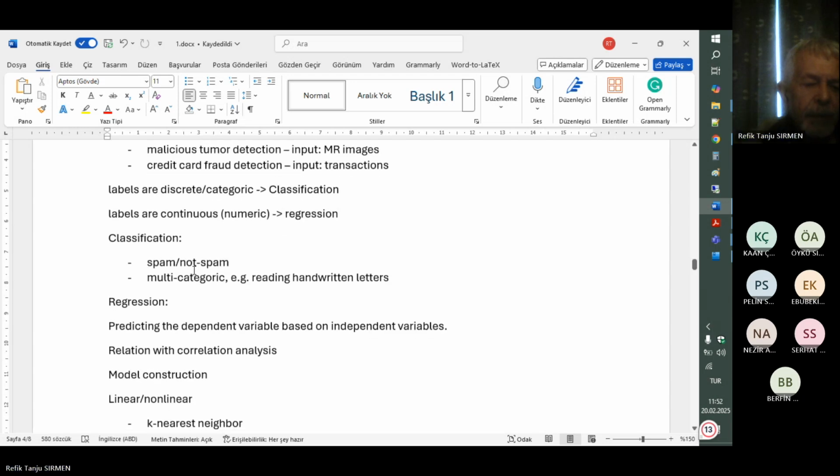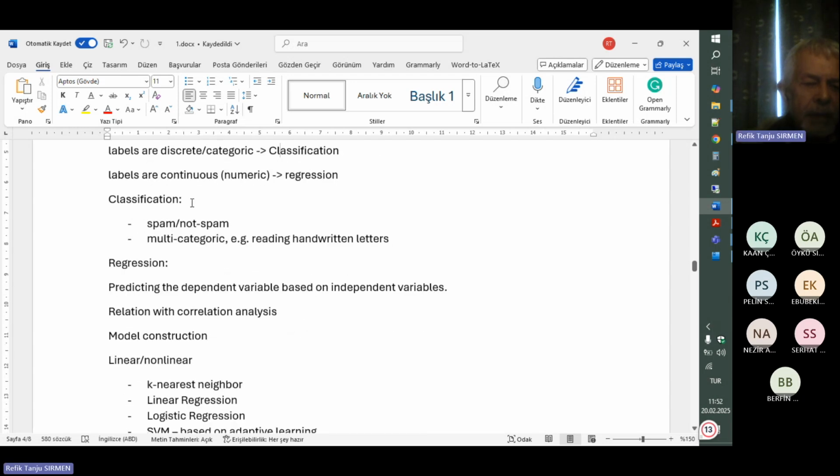So here in this classification type of projects, like spam, not spam, it may be bidirectional or two possibilities, or maybe more than two possibilities. Let's say you're trying to identify handwritten letters and convert them into digital: is it B or C or whatever, then there will be many different but discrete outputs.